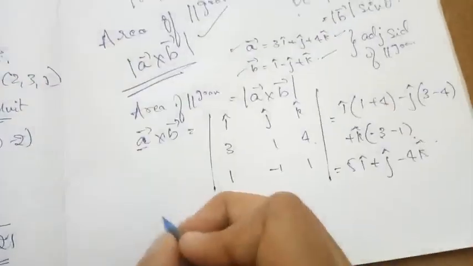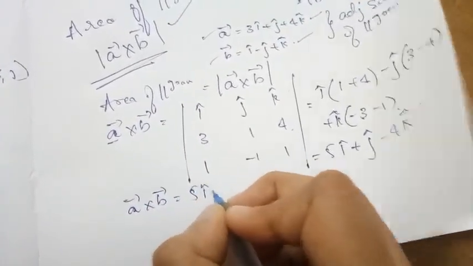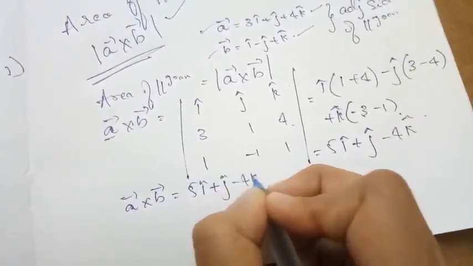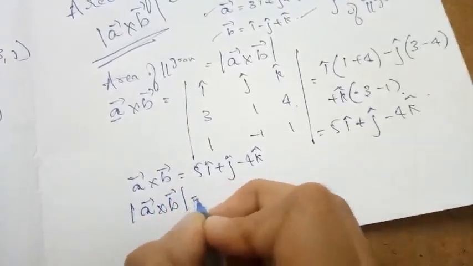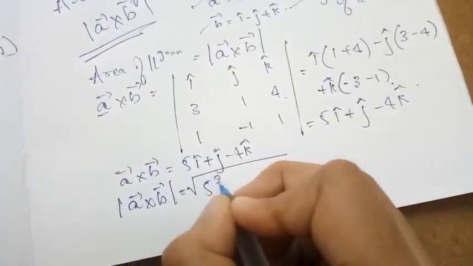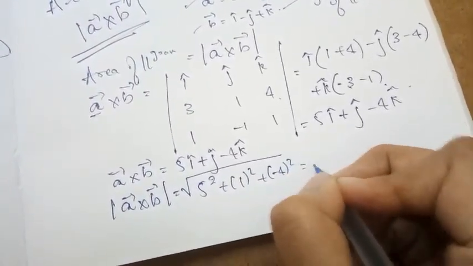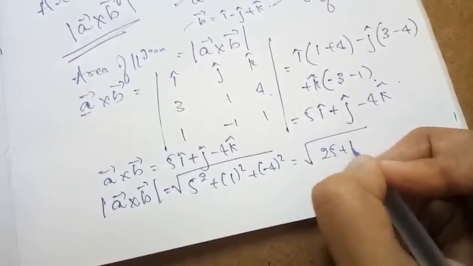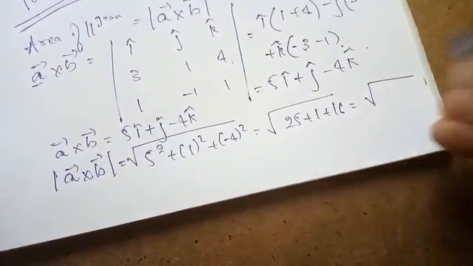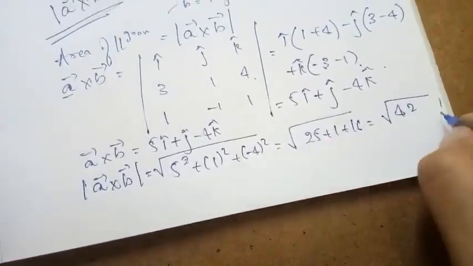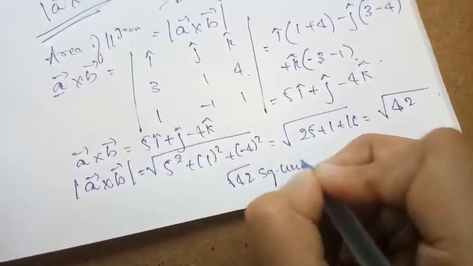So our vector A cross vector B is 5 I cap plus J cap minus 4 K cap. But we needed the magnitude of this vector. The magnitude is the square root of 5 squared plus 1 squared plus minus 4 squared. It is 25 plus 1 plus 16, which is root 42. So the area of the parallelogram is root 42 square units.